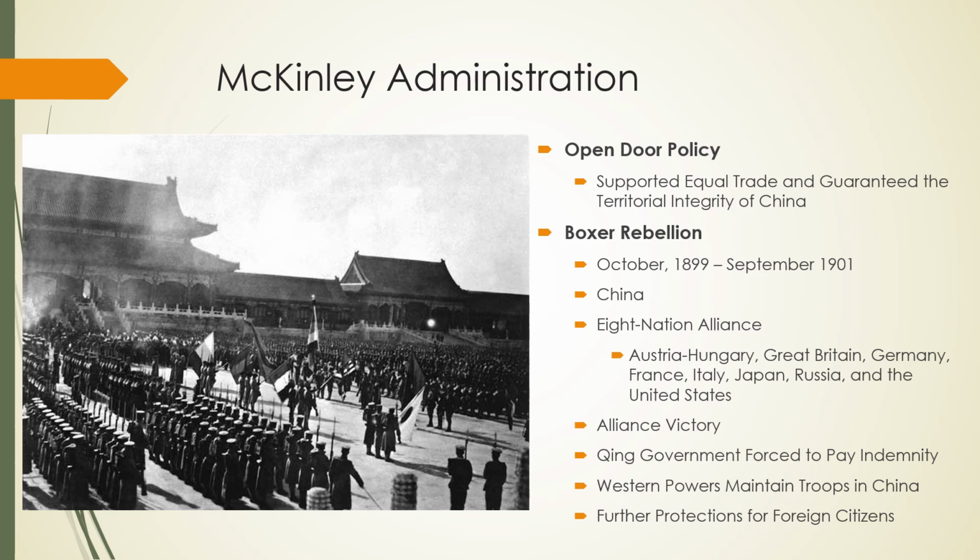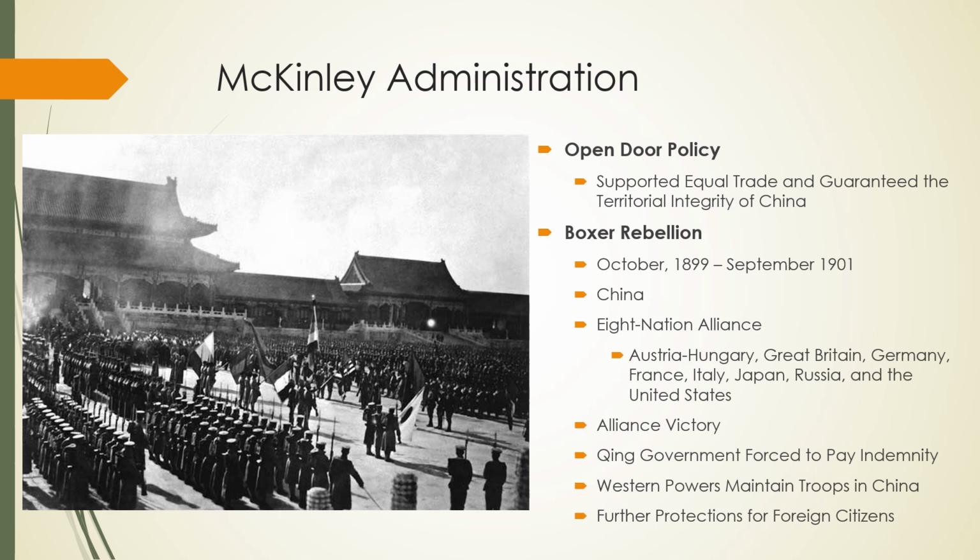The word Boxers is really a Western name for these guys. They are using martial arts, which to Western eyes in the late 1800s would be boxing. If you're a British person and someone talks about fighting with their fists, you go, oh, boxing. That's why it's called the Boxer Rebellion.